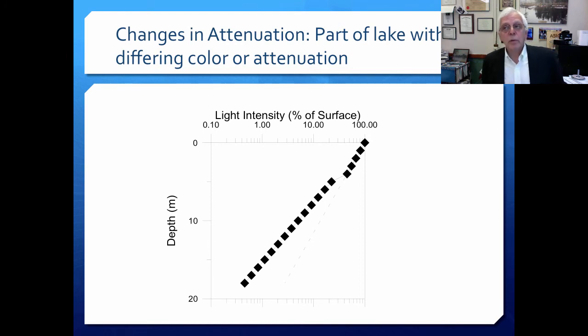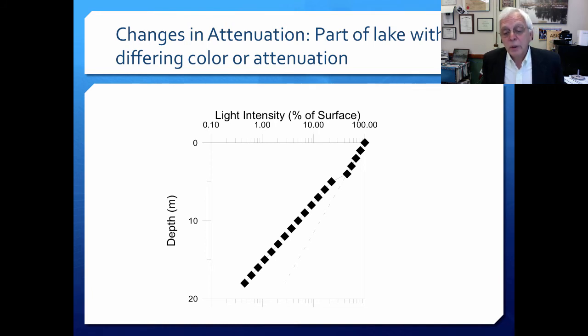Now, in some lakes, however, we may find non-homogeneous situations, and what you can see here is that the light at the surface is decreasing much more rapidly than it is down deeper in the water. We frequently will find this, that in the surface layers of lakes especially, we'll find much more suspended particulate matter, things like algae and other particles in the surface mixed zone, just above the epilimnion.